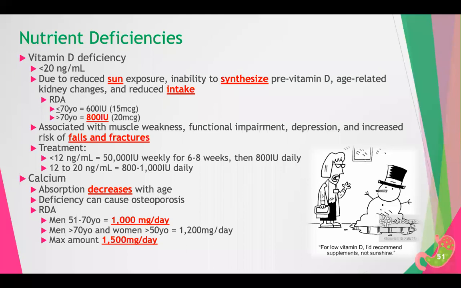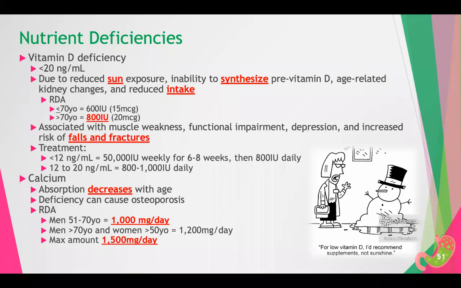Vitamin D deficiency is associated with muscle weakness, functional impairment, depression. It can also increase the risk for falls and fractures. So remember, typically when we talk about vitamin D, we also talk about calcium because vitamin D helps calcium absorption. But if someone is experiencing vitamin D deficiency, if their vitamin D level is less than 12 nanograms per milliliter, they will receive 50,000 international units weekly for 6 to 8 weeks and then 800 international units daily.